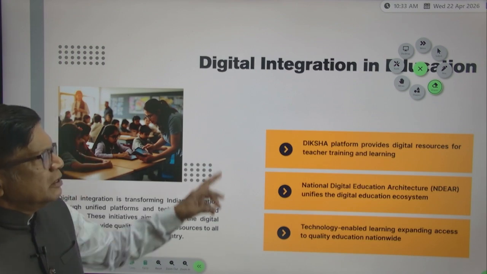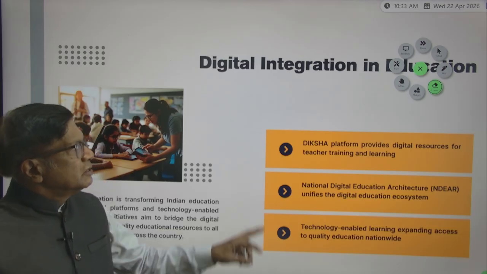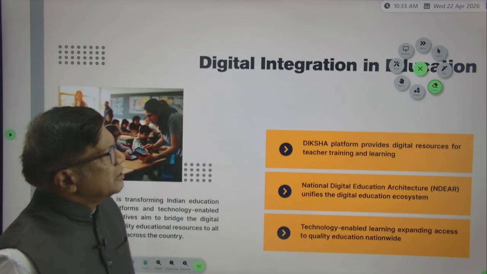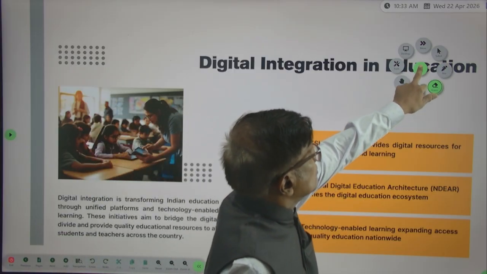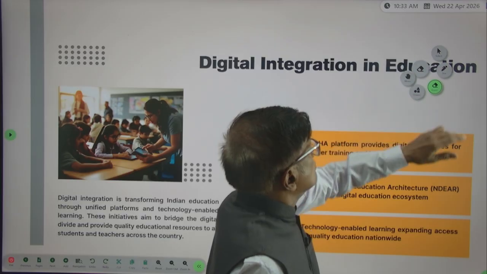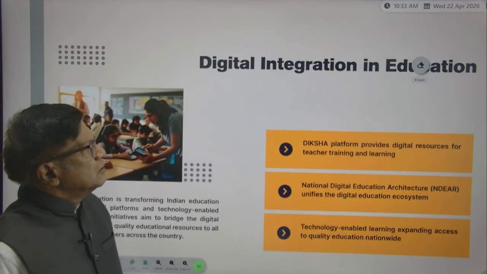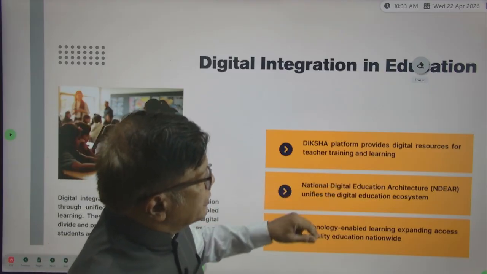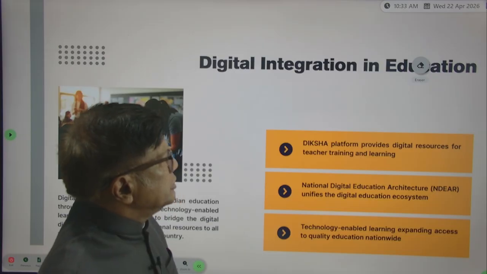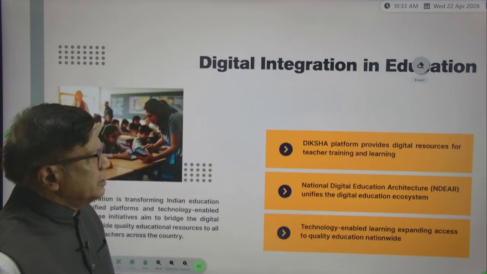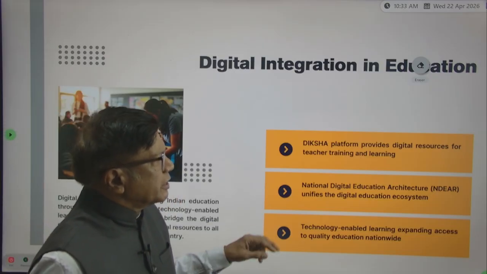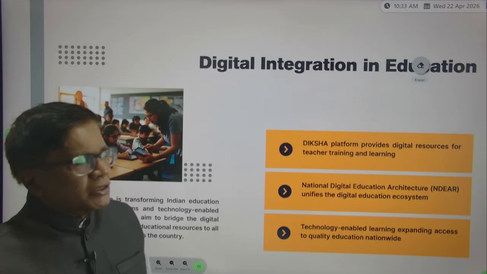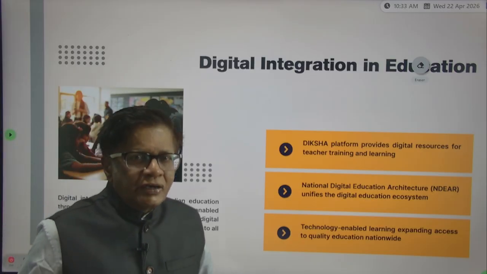Now you can see the digital integration in the school education. Whereas Diksha, there is a Diksha platform which provides digital resources to teacher training and learning. Then there is a National Digital Education Architecture, NDEAR, which unifies the digital education across the entire country.